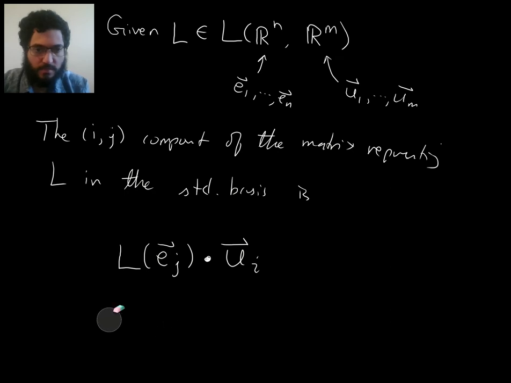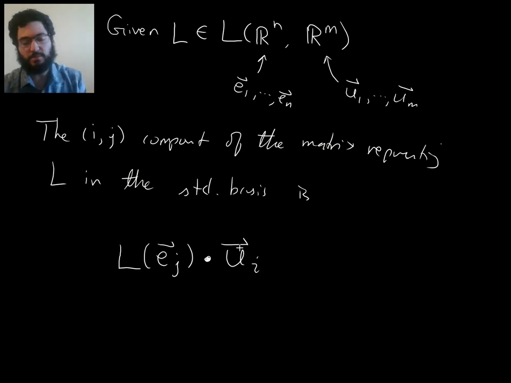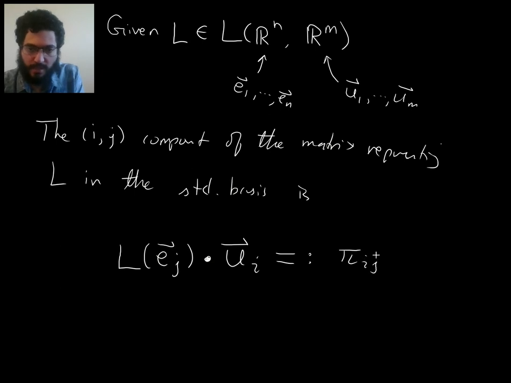So here is our ij component of the matrix representing L in the standard basis. And I'm just going to come up with a notation for that. Let's call it pi ij of L. So I'm defining a map here, pi ij.